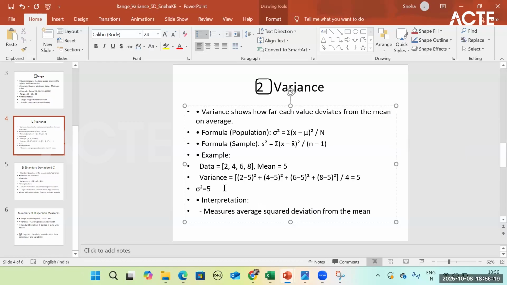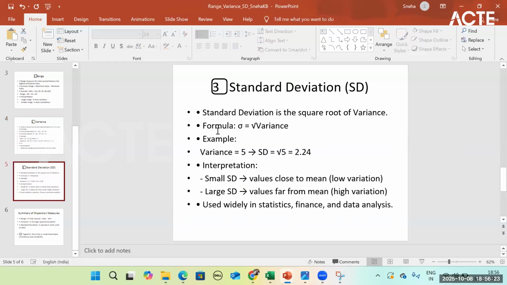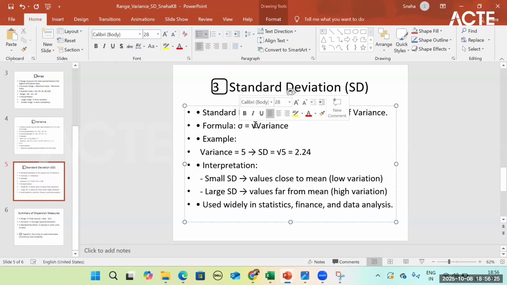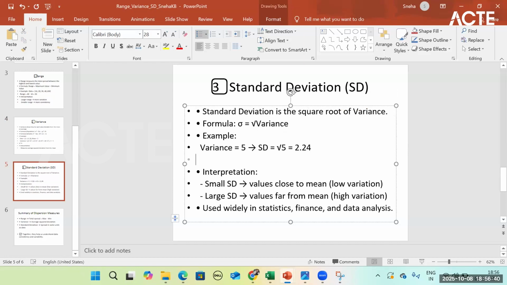Then, to understand more about the data, standard deviation is taken. It is written as the square root of variance. The square root of 5 is 2.24. What was the mean of the data? It was 5.